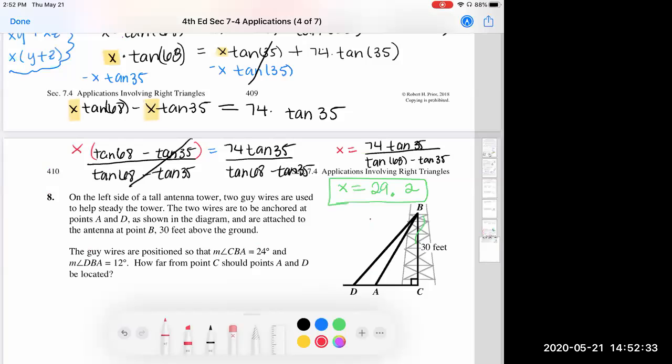So x is 74 times tangent of 35 over tangent of 68. Is it minus tangent 35 or is it times tangent? Okay, maybe that's what I'm doing wrong. I'm doing multiplication. Yeah, it might be helpful if you put brackets or parentheses around this. And yes, so this is subtraction.